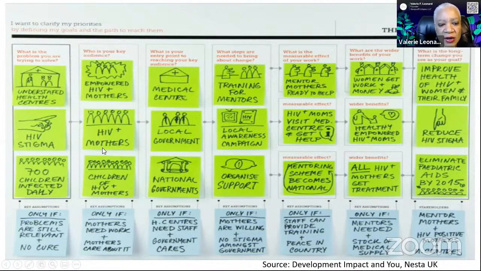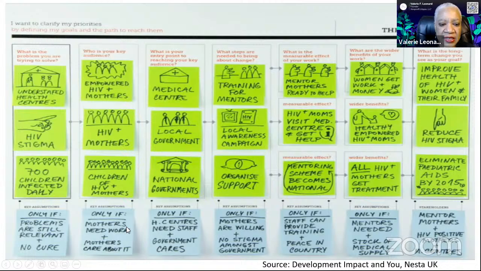So you notice they are working with the stakeholders of women who are HIV positive, their children, the mothers themselves, and then matching the empowered mothers with mothers who may not necessarily be impacted. And the key assumption here is only if mothers need work and mothers actually care about it, right?